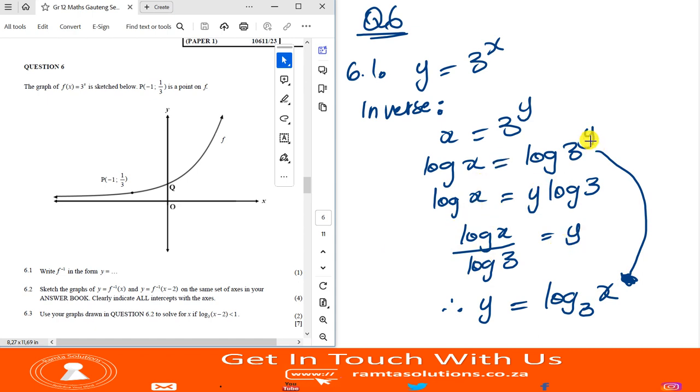It's totally up to you whether you do this or come here directly, or you start by doing this and come here. So this is your f inverse.